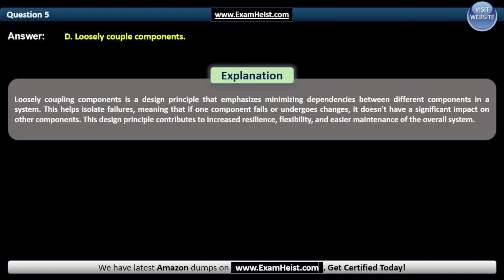This helps isolate failures, meaning that if one component fails or undergoes changes, it does not have a significant impact on other components. This design principle contributes to increased resilience, flexibility, and easier maintenance of the overall system.